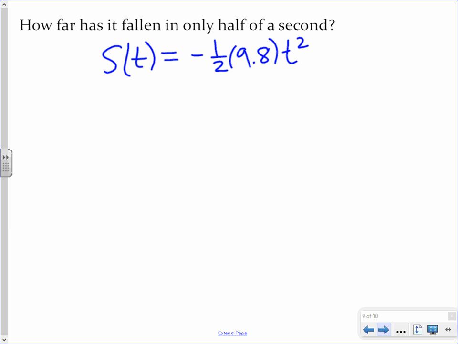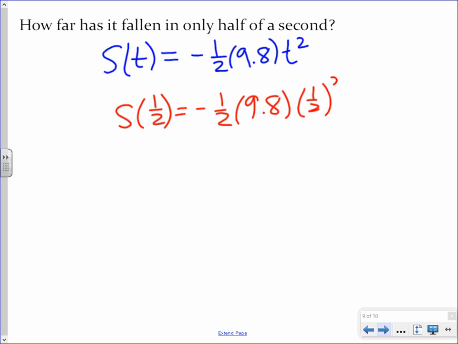It's okay to think of the top of the building as position 0, because then when we ask how far has it fallen after half of a second, we can plug 1/2 in for t and get what? It's going to be a negative.